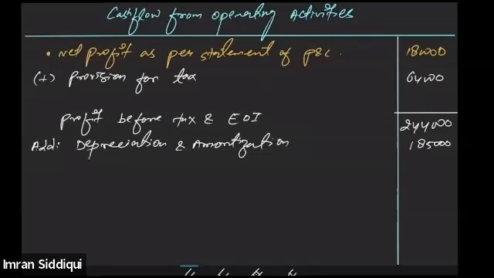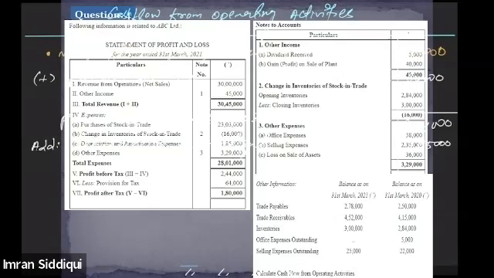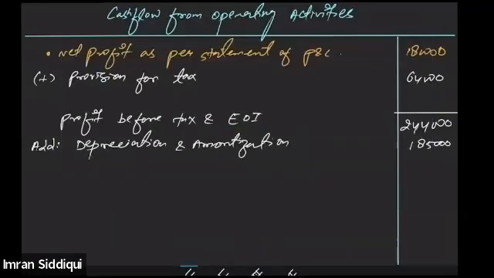We will be subtracting it, right? So gain on sale of plant, it is given as 40,000.